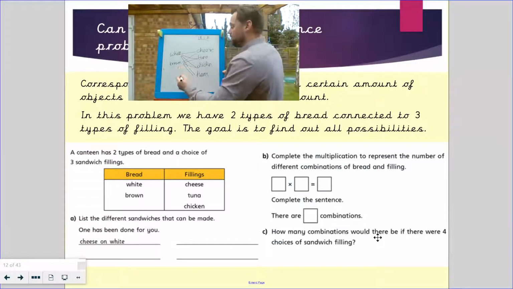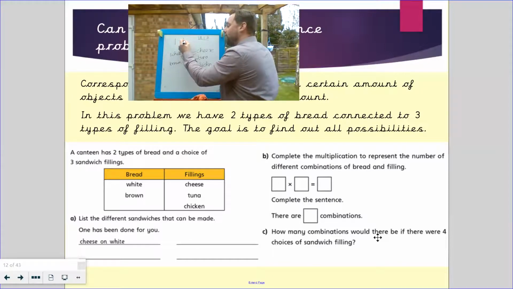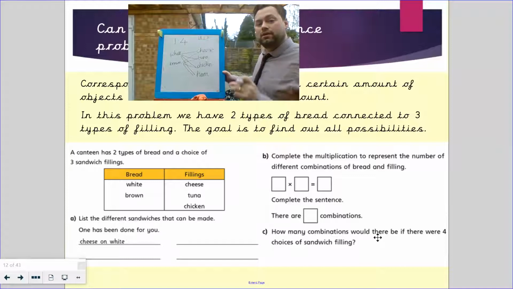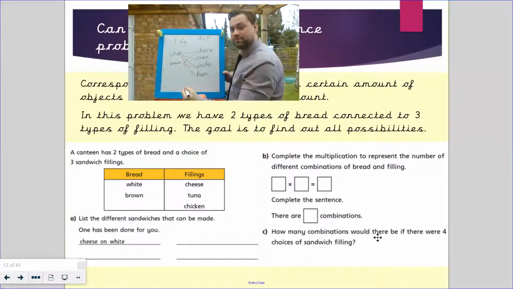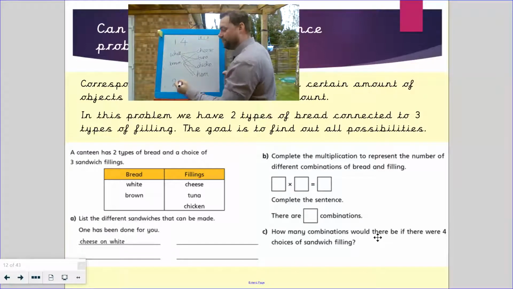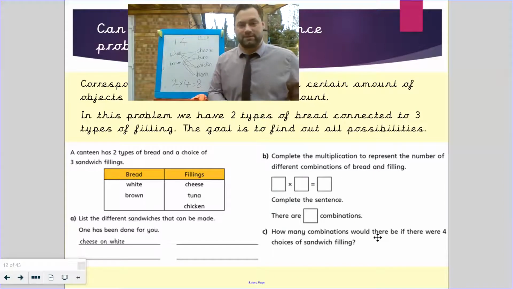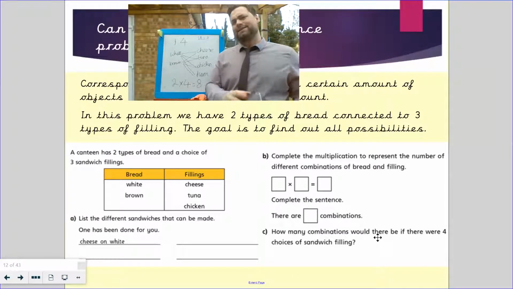For every slice of bread, we now have 4 fillings. So if we have 2 types of bread and 4 fillings, we multiply 2 by 4. So now there would be a total of 8 combinations. Hopefully you understand that.